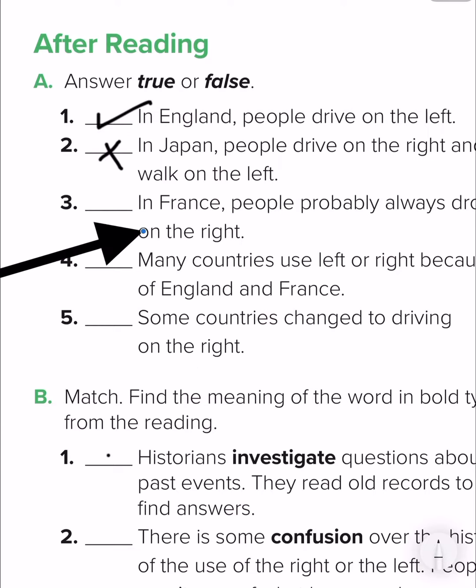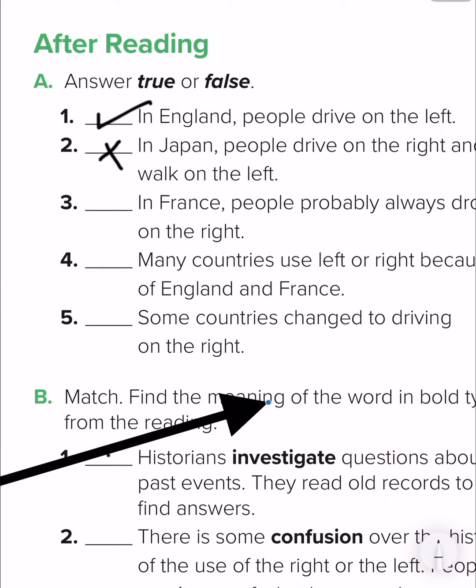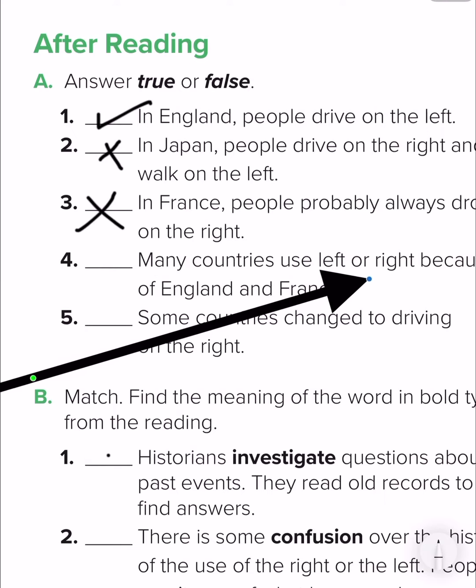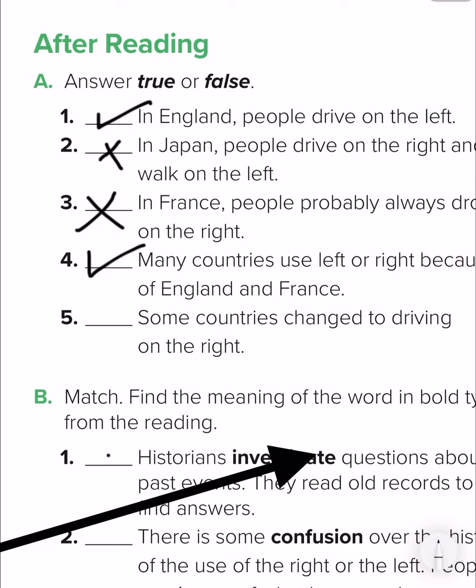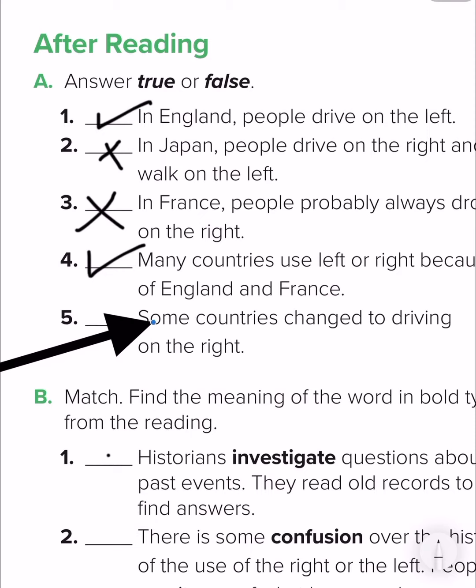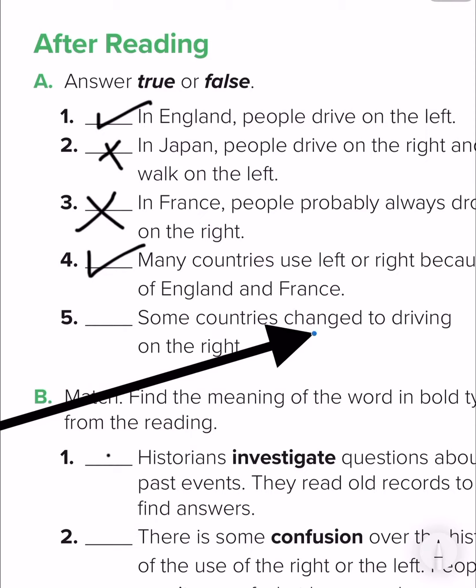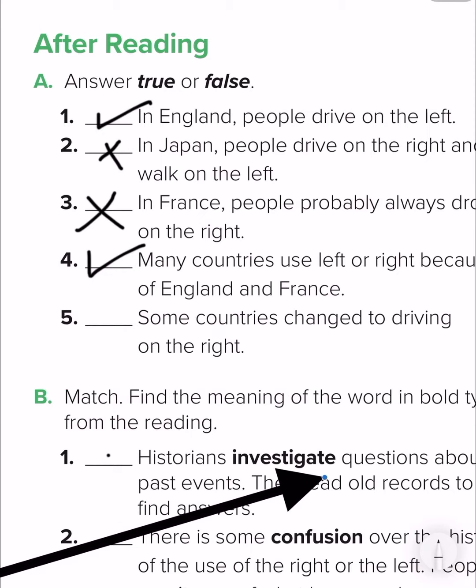Number 3. In France, people probably always drove on the right. So, of course not. Many countries use left or right because of England and France. Yes. The last one. Some countries changed to driving on the right. Yes.